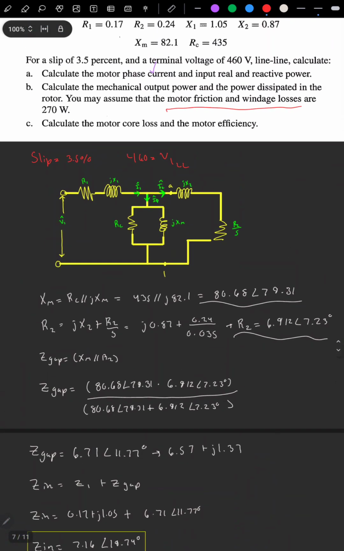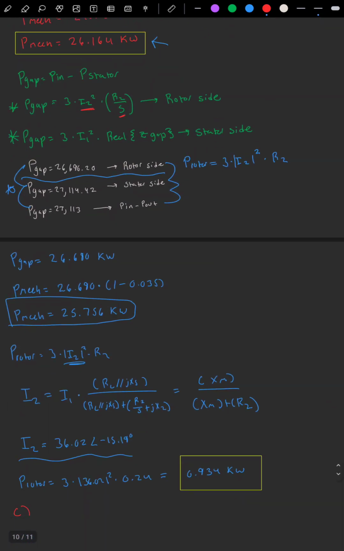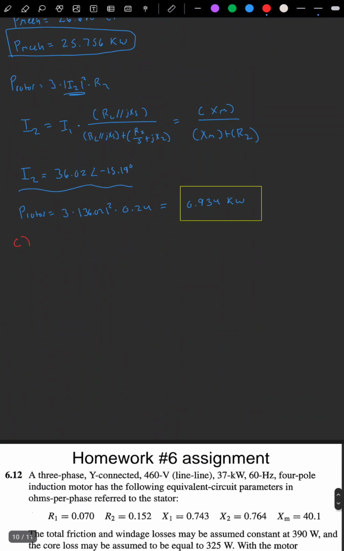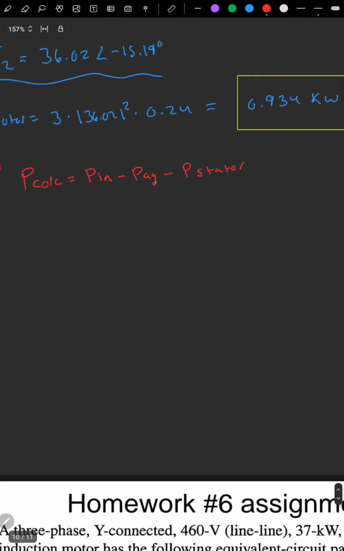So part C asks to calculate the motor core loss and the motor efficiency. So the power at the core, P core, is going to equal P in minus P gap minus P stator. Sorry, that should be P gap actually.